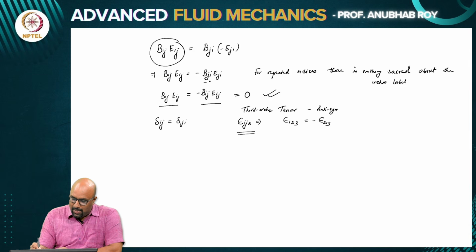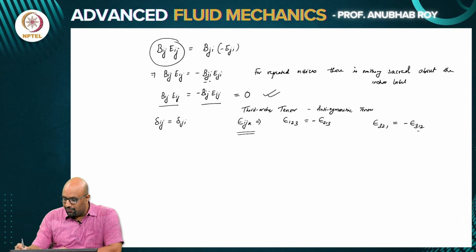and this third order tensor is antisymmetric. You pick any pair of indices here and you switch those indices, you are basically going to pick up a negative sign. Epsilon 3, 2, 1 is going to be minus epsilon 3, 1, 2. And if you want, you can do this once more, minus of minus epsilon 3, 2, 1.